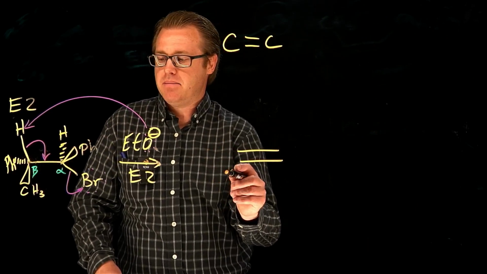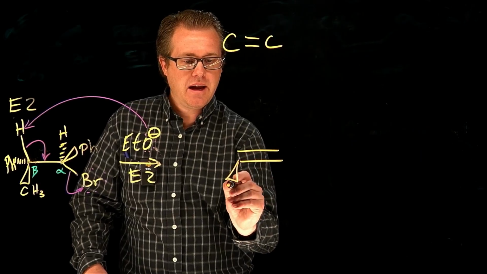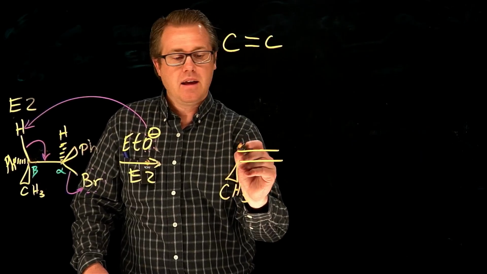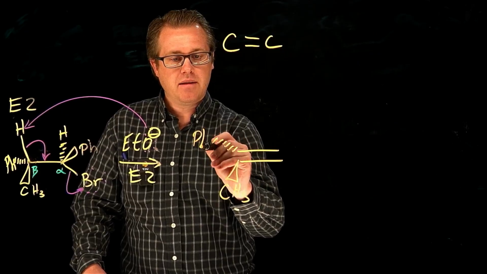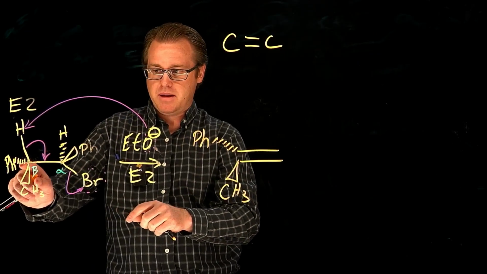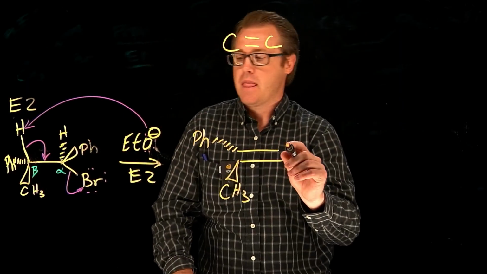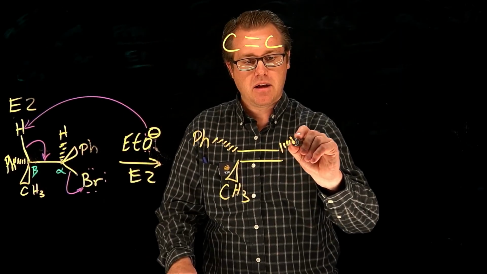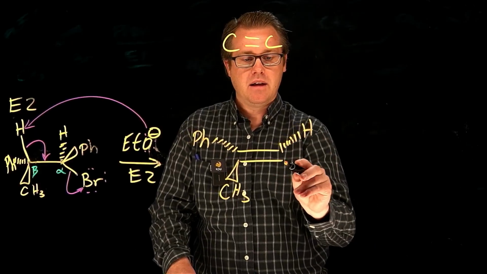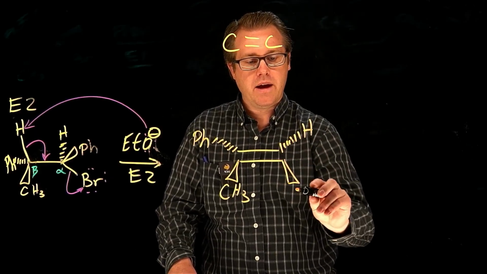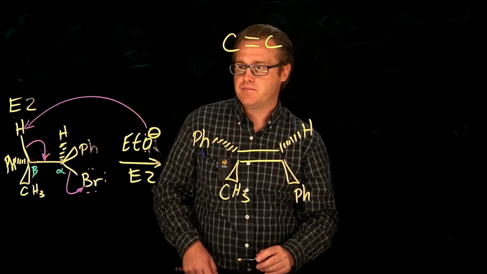And so what's happening here is our CH3 is like this, and our phenyl group is like that. You see those? I'm keeping dashed and wedged, right? And so I see a dashed hydrogen over there, and then a wedged phenyl group right there.